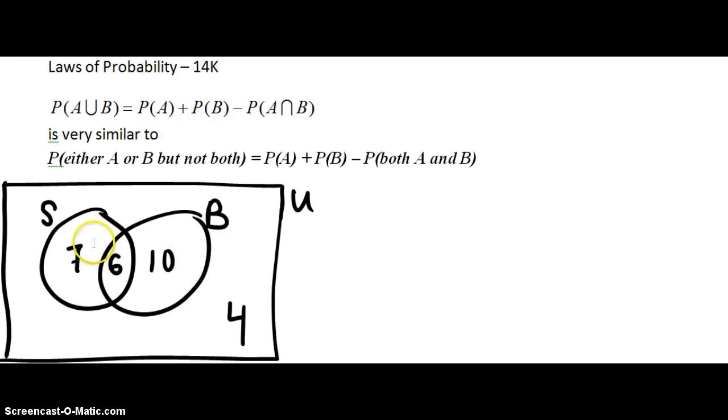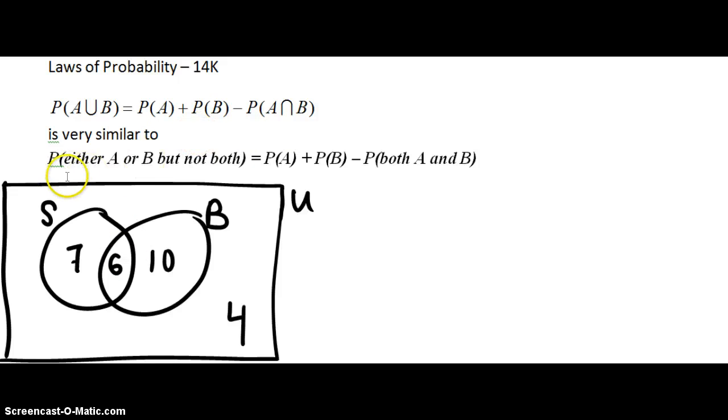So the probability of picking something in here is 7 plus 6 plus 10 all over everything, which in this case is 27. But that's the same thing as the probability of 7 plus 6 over 27, plus 6 plus 10 over 27, minus the probability of this, because you don't want to count the 6 twice. This would be counting the 6 twice, so that's why we have to subtract it, because the intersection is counted in both of these.